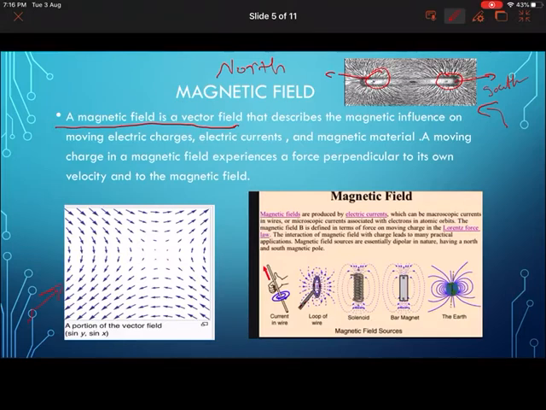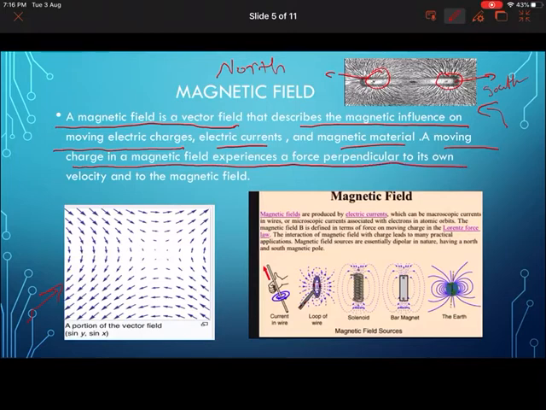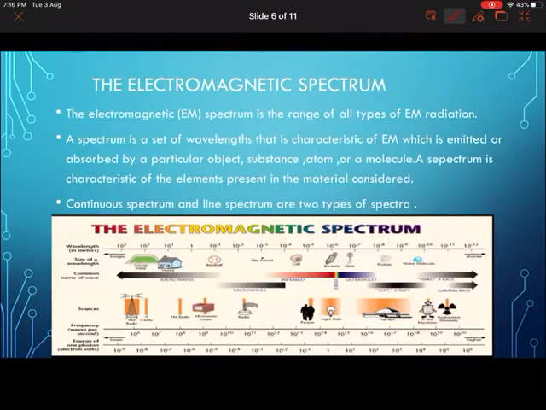This is a portion of the vector field that describes the magnetic influence on moving electric charges, electric currents, and magnetic material. A moving charge in a magnetic field experiences a force that is perpendicular to its velocity and to the magnetic field. Now, we described in detail the shape of the wave and its function, sinusoidal.